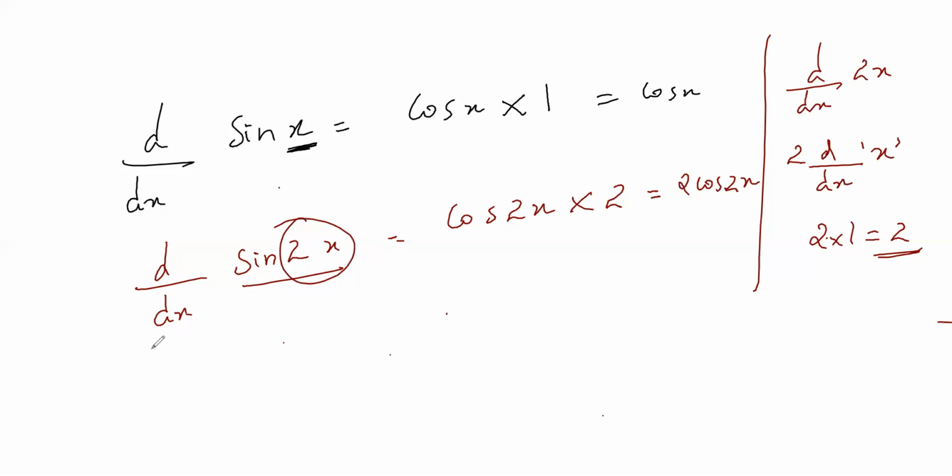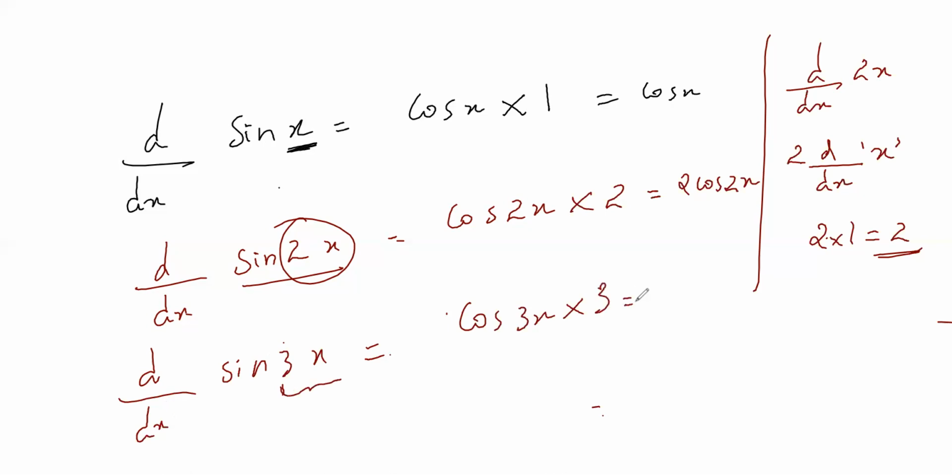So how do you make questions? d by dx of sin 3x. Now automatically without doing anything you can do it. Cos 3x into 3x differentiation, which is 3. Correct? So 3 cos 3x. So differentiation of sin 4x is 4 cos 4x. So that's how I'm getting this cos x value and everything.